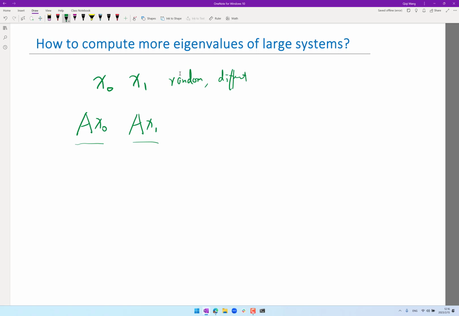Now, instead of just keep taking the power, instead of multiplying a with ax0 and a with ax1, I'm going to orthogonalize these 2 vectors. Here is what I'm going to say: x0 is equal to x0 divided by the magnitude of x0.